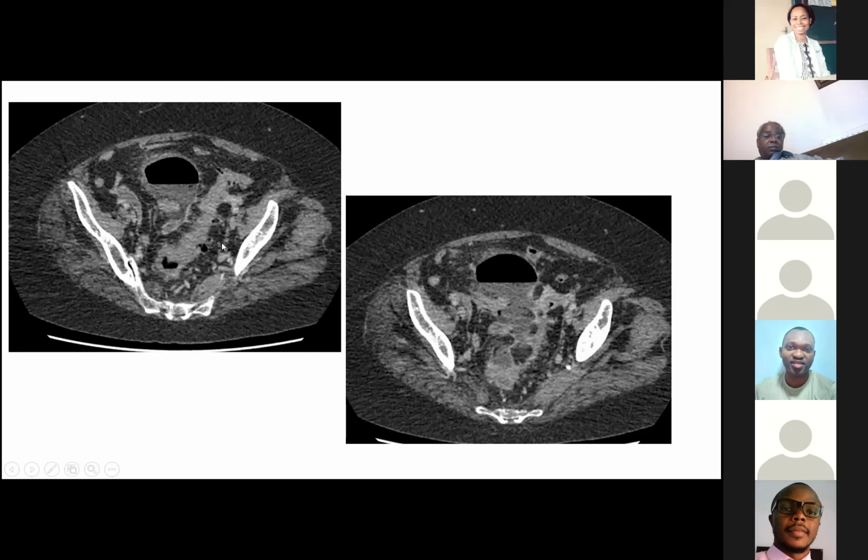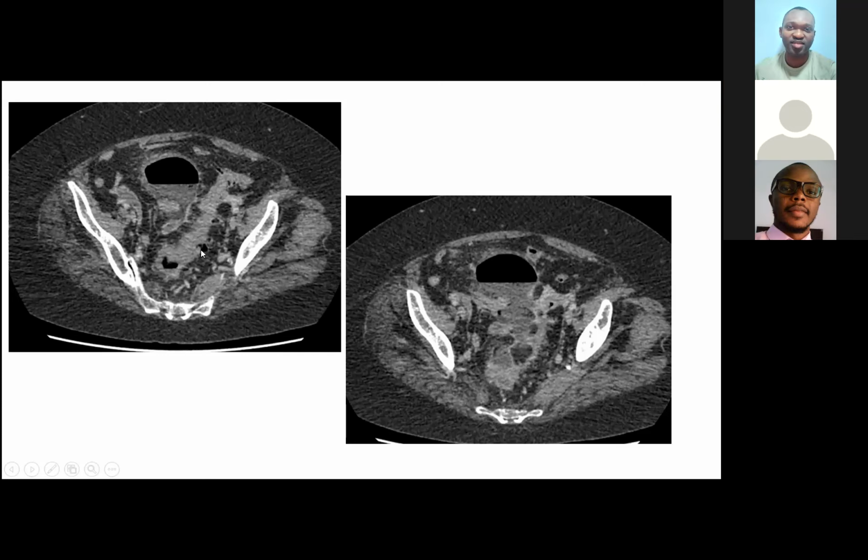Yep. And around it, there is some fat stranding as well. Agreed. Anything else? Oh yes, there are pockets of gas there. Okay. And maybe there is a collection as well.